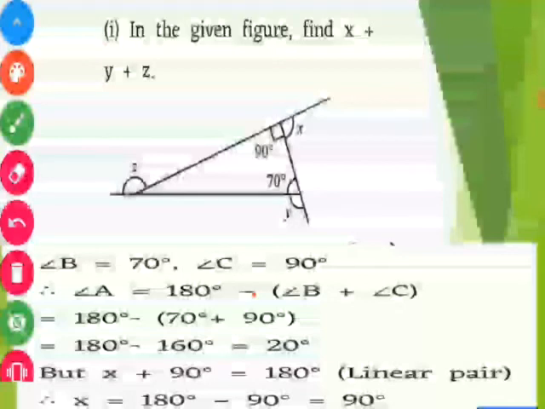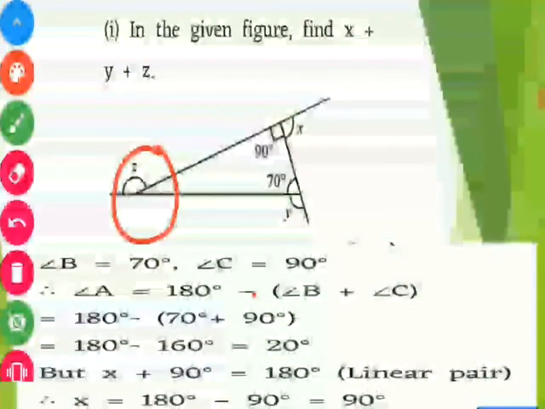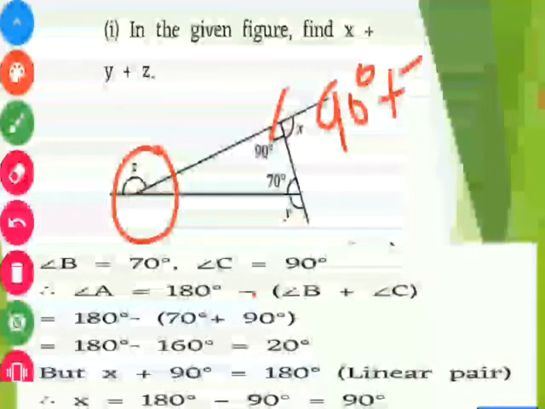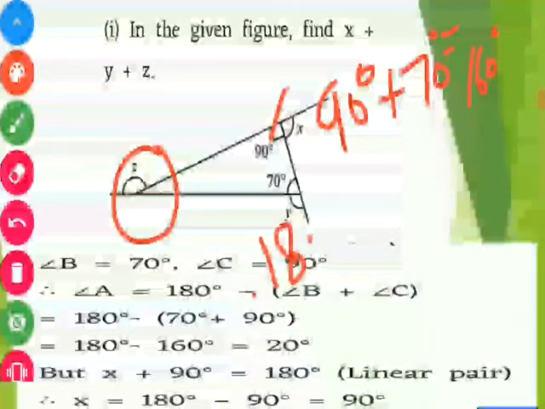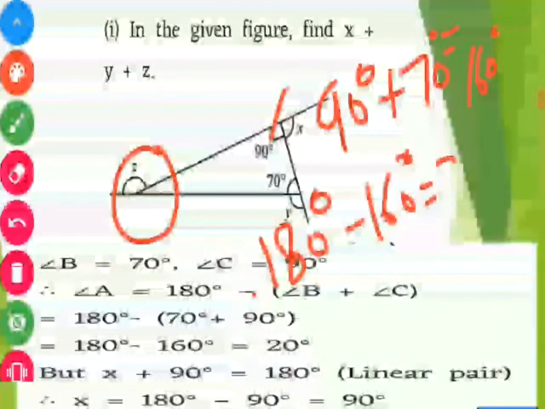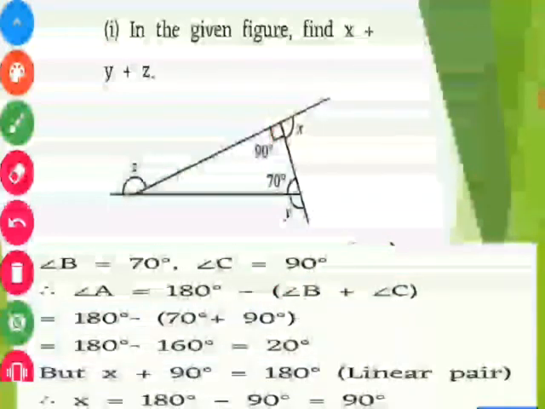So for that, the sum of 90 degrees and 70 degrees is equal to 160 degrees, and from 180 degrees we will subtract this 160 degrees. So the third angle of the triangle will be 20 degrees. So this angle is 20 degrees.